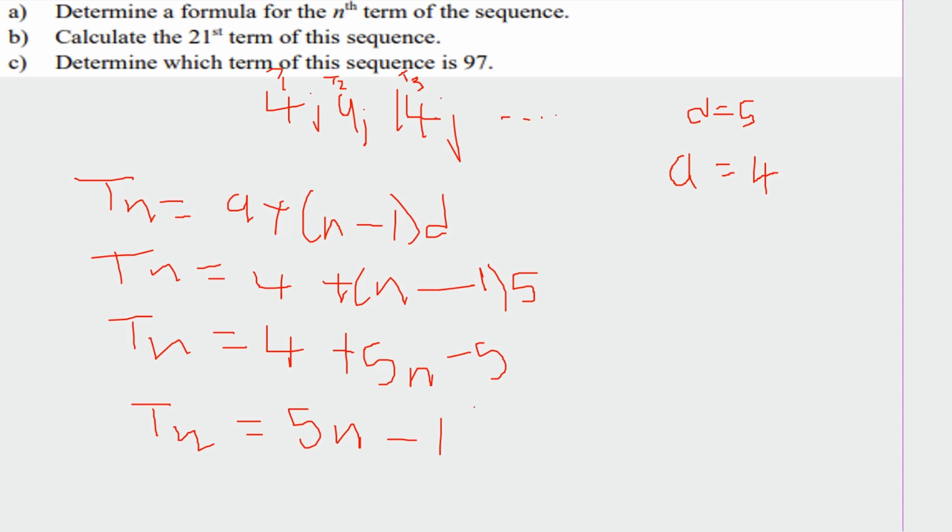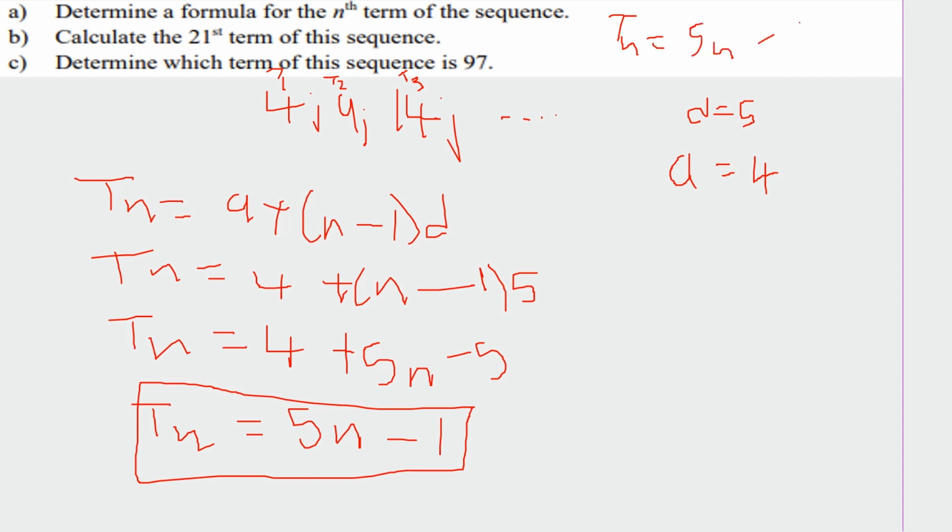So this is the equation of the general term. I'm just going to write this equation here, because we're going to use it later. Tn is equal to 5n subtract 1.